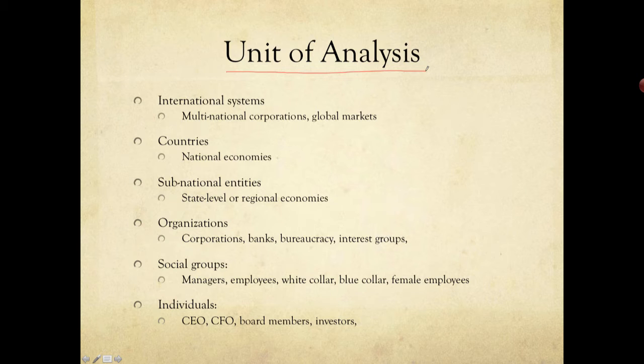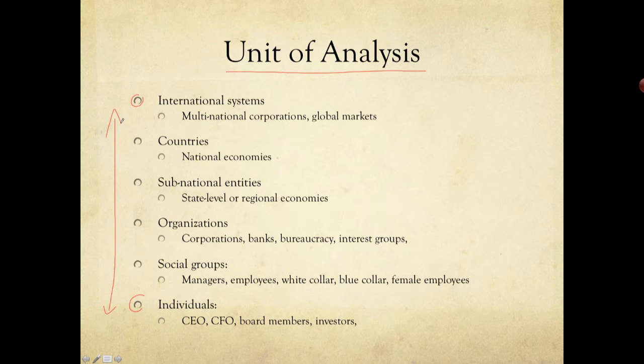So here, let me just give you different possible units of analysis that you might encounter and illustrate it with an example of studying economic phenomena. So here, this is the most general, and this is the most specific. So you have a range here in terms of the level of specificity.